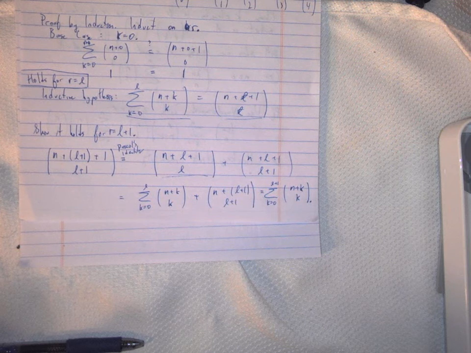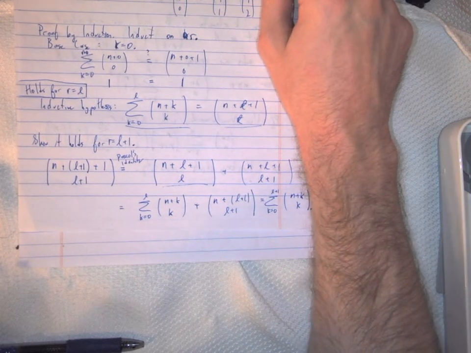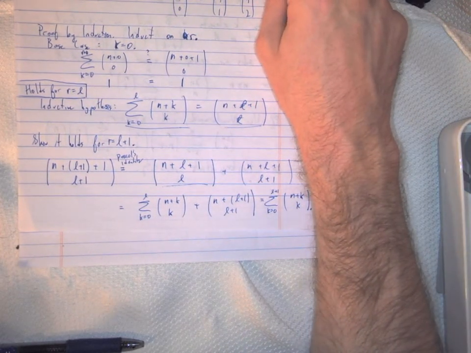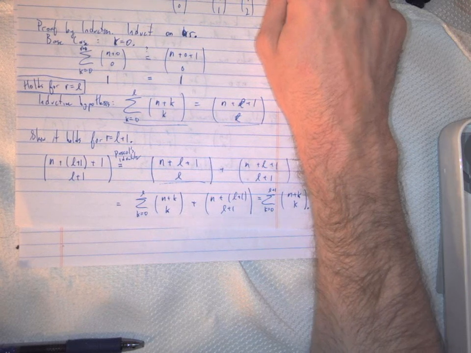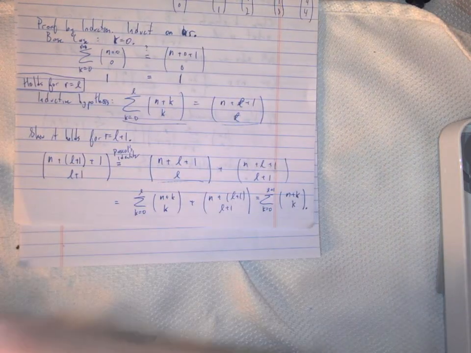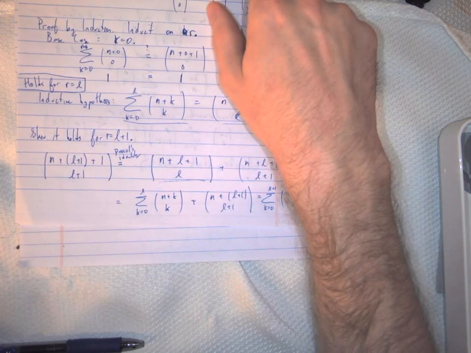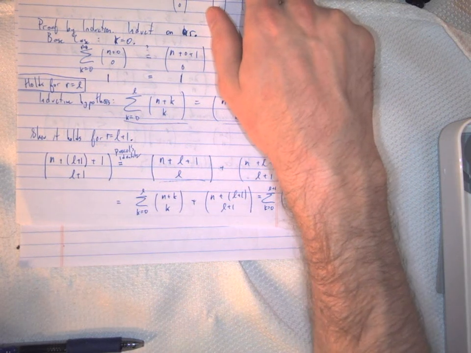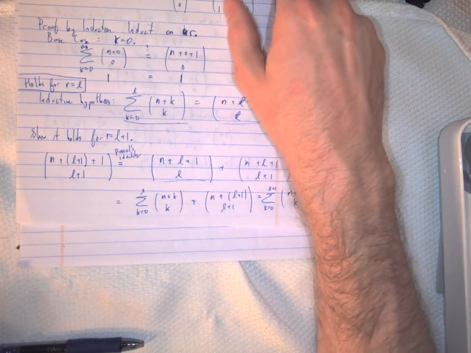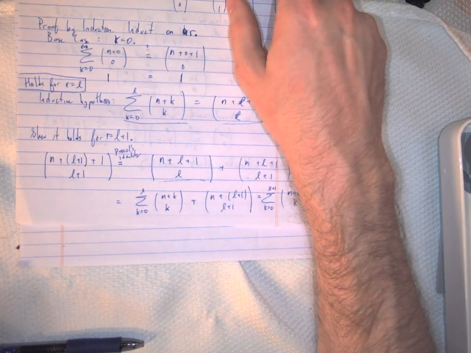An alternative thing to let you know is that there's also a combinatorial proof where you interpret this essentially as subsets of size r of a set of n plus r plus 1. The way that you think about these subsets is, once again, you think about bit strings, that is strings of zeros and ones.